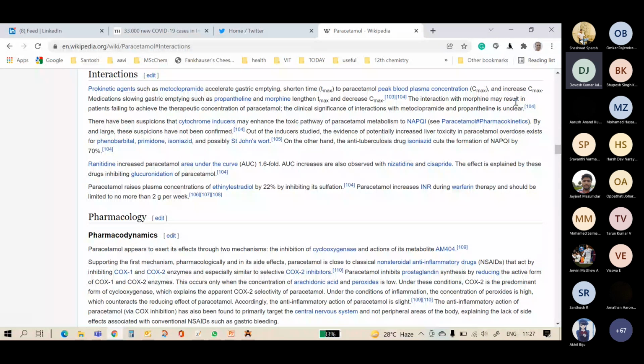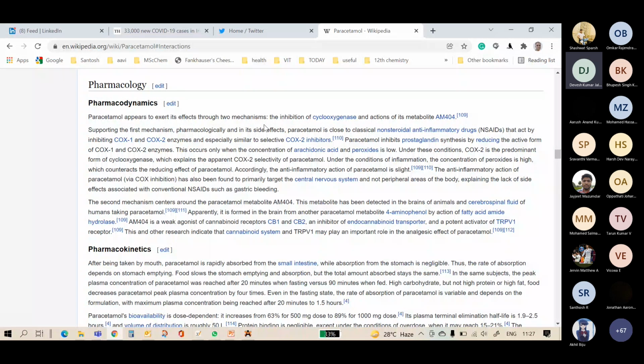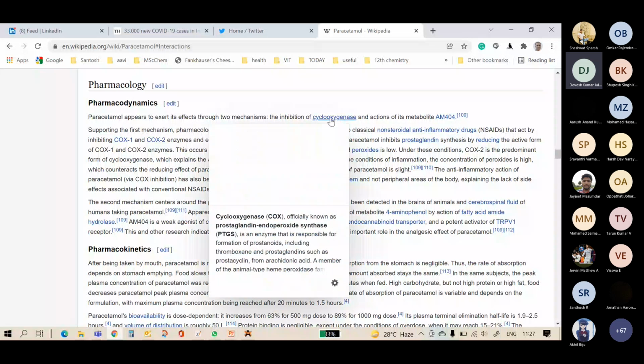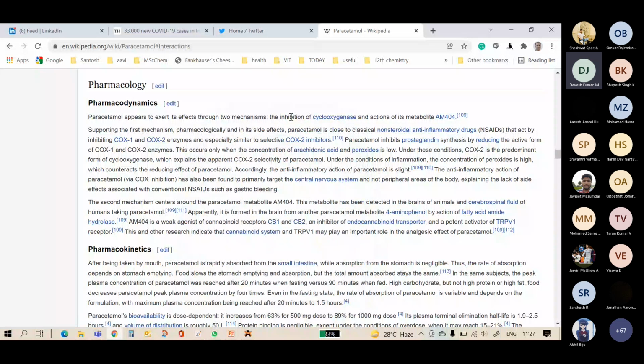So some nonsense is given here. So let's see. Look at this. Paracetamol appears to exert its effect through two mechanisms: the inhibition of cyclooxygenase and actions of its metabolite AM404. We'll forget that one, but there is an enzyme called cyclooxygenase, and it inhibits its action.